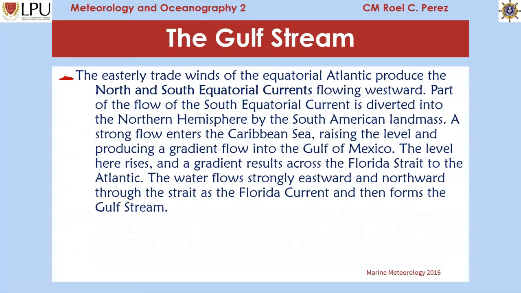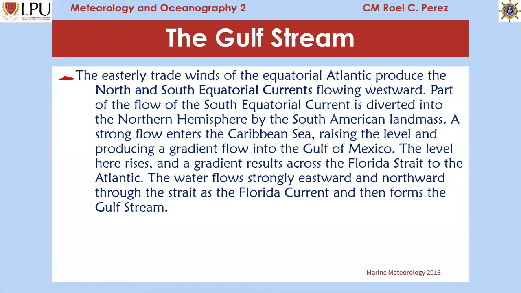Okay, the Gulf Stream. The easterly trade winds of the equatorial Atlantic produce the north and south equatorial currents flowing westward. Part of the flow of the south equatorial current is diverted into the northern hemisphere by the South American landmass. A strong flow enters the Caribbean Sea, raising the level and producing a gradient flow into the Gulf of Mexico.